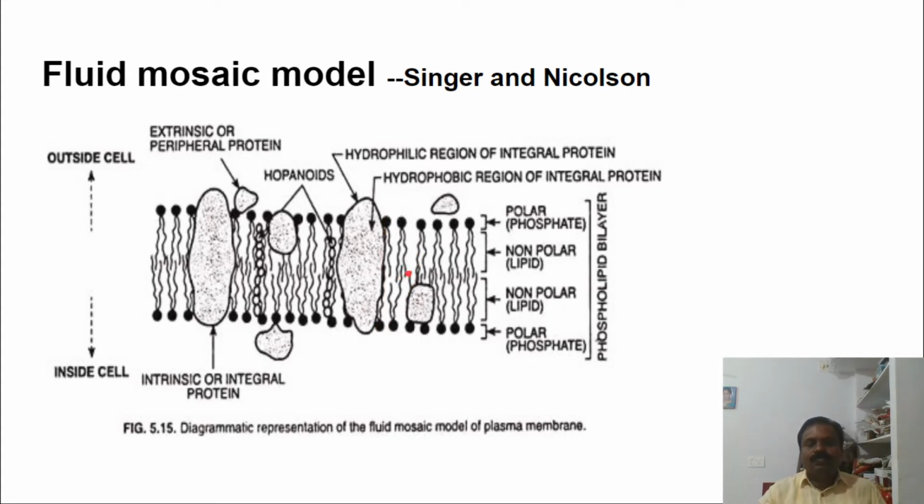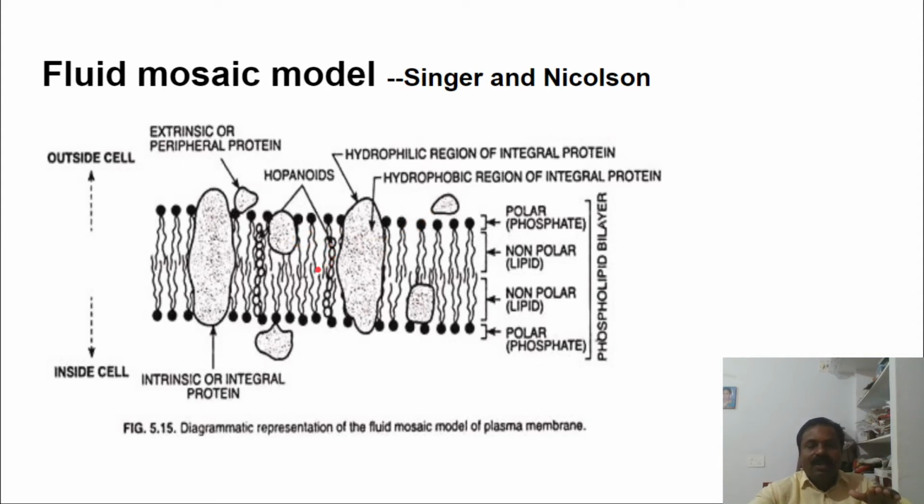Here the plasma membrane is not static. According to this model, the protein molecules cannot stay at one point. They move from one place to another place, so they are not in a static position.